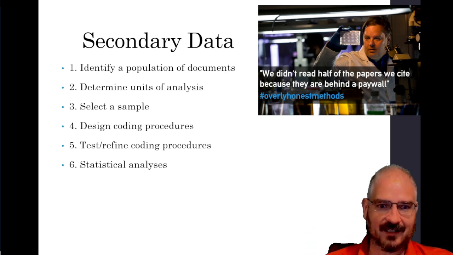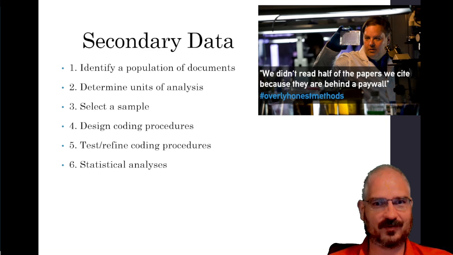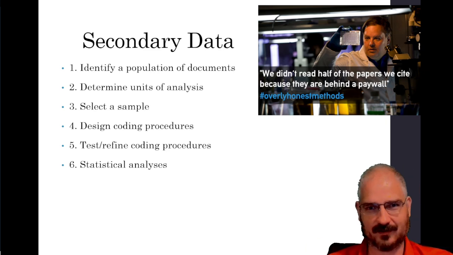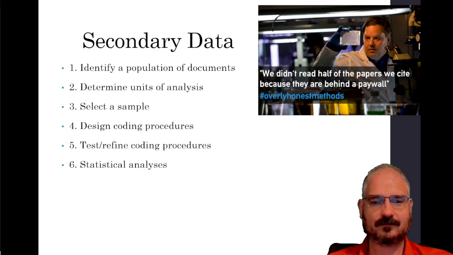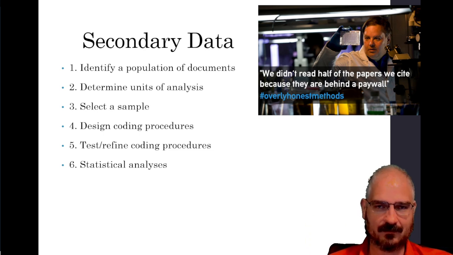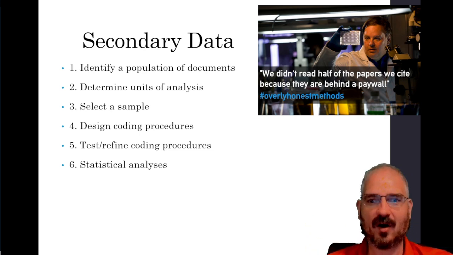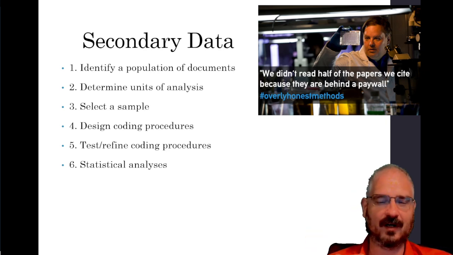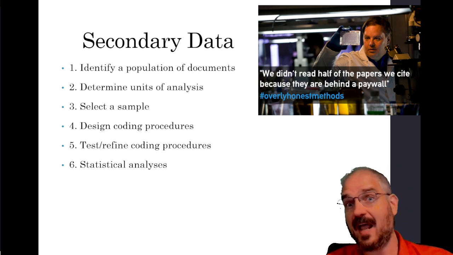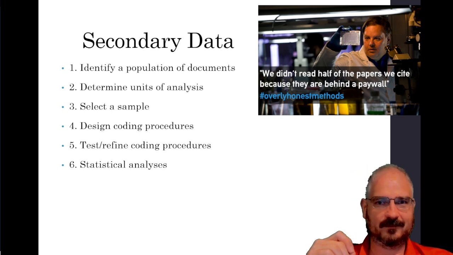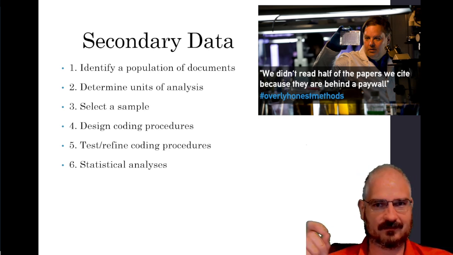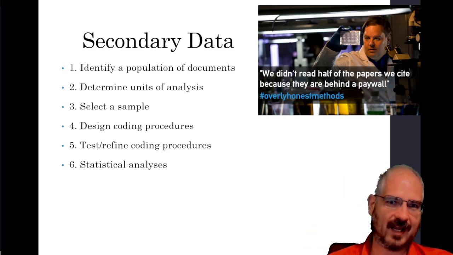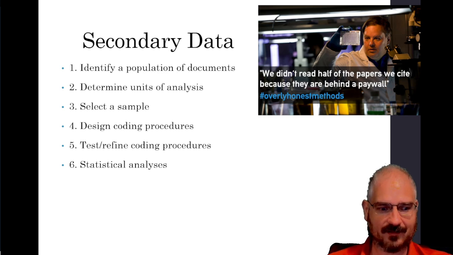Then we actually do the coding and go through all the newspaper articles or all the diaries or all the birth records or death records or whatever, and mark every time we see that word, or classify that article as positive or negative, or classify that birth as category A or category B or category C or whatever.